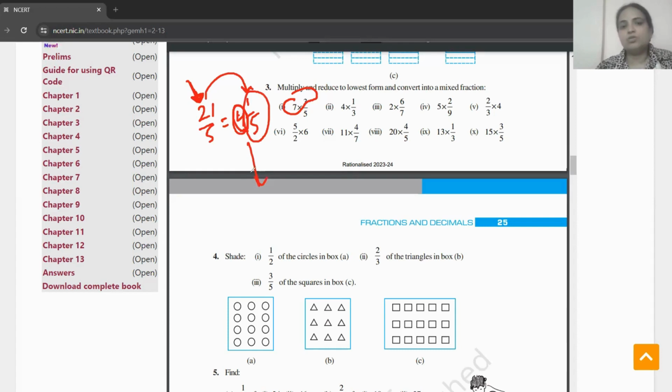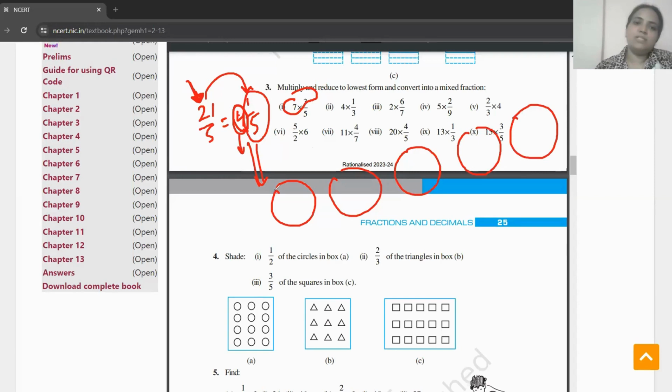If I ask you to present this pictorially, you will have some pizzas. How many? I'll take 5, because 4 wholes are selected, and each pizza is divided into 5 pieces.